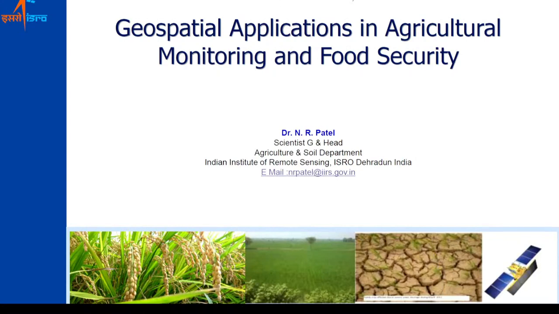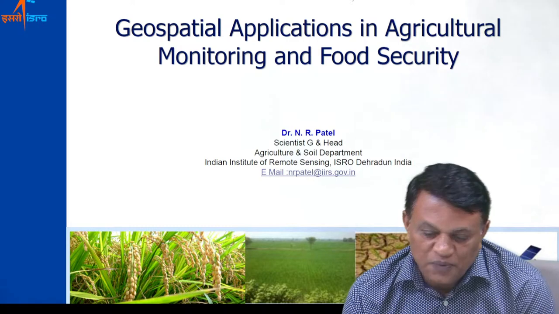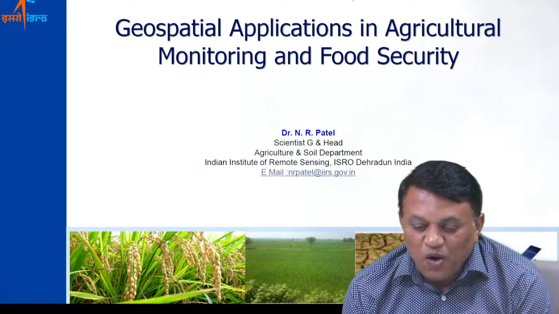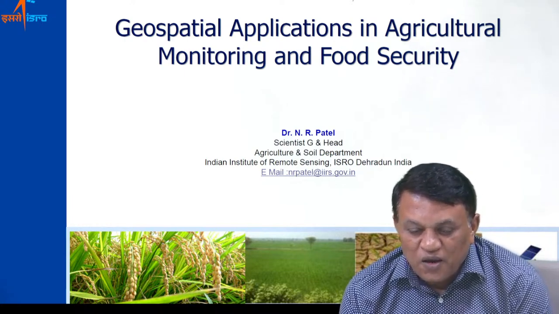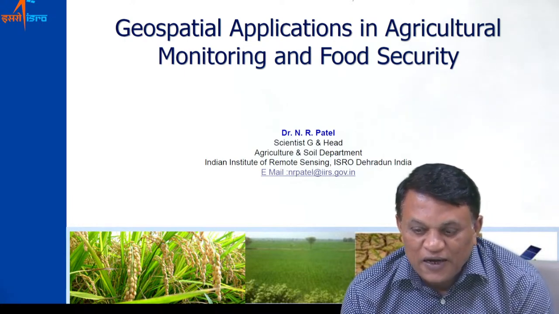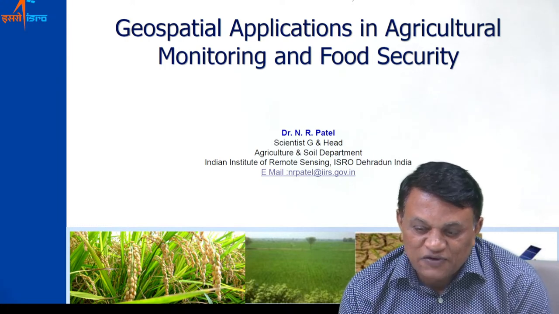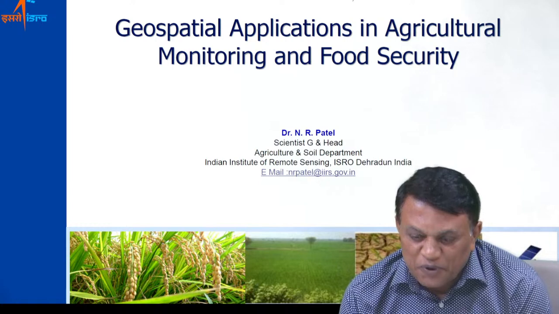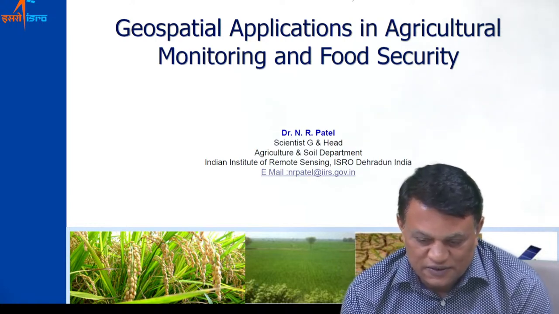Today we will discuss how geospatial applications are used in agriculture monitoring and food security. As we know, the way a crop is grown, produced and marketed, as well as eaten and consumed by the people, is not simply food, it is a culture.